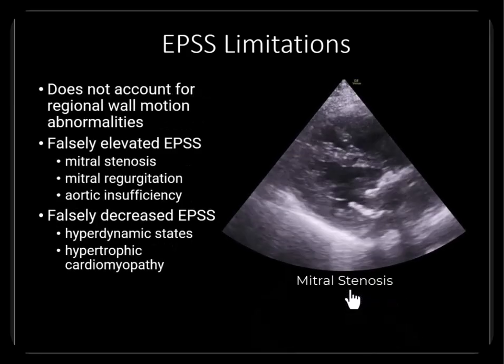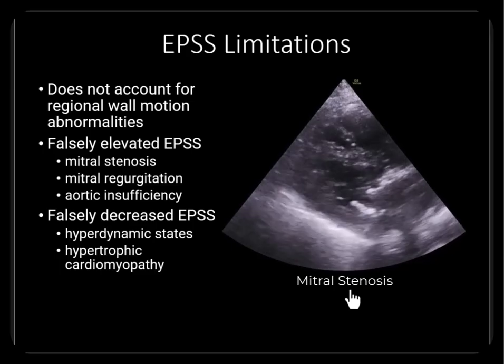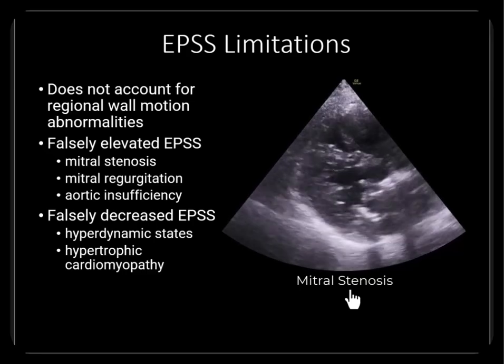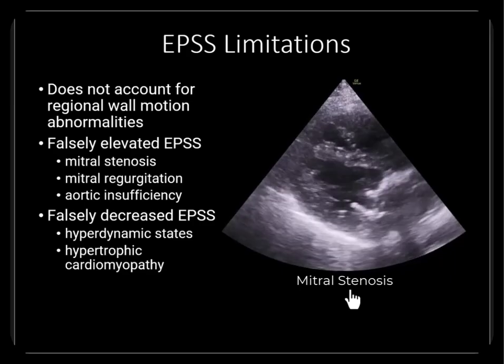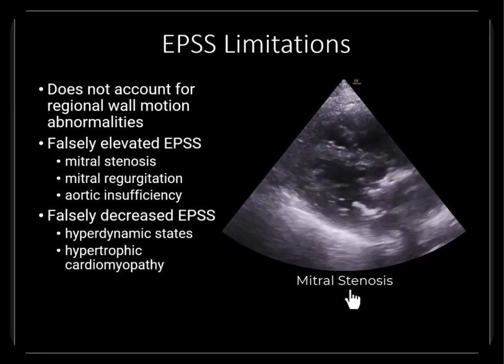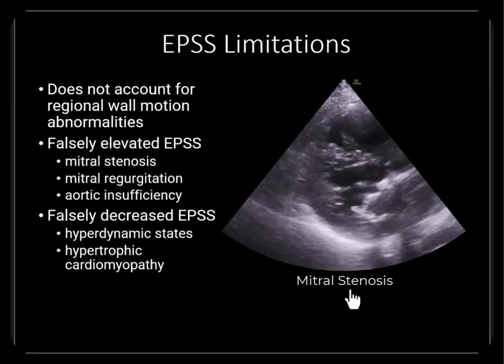Now, EPSS has other limitations. It does not account for regional wall motion abnormalities. So if you have a poorly thickening, poorly moving septum, that can cause you to have a falsely elevated measurement in that area. You can have a falsely elevated EPSS with mitral stenosis due to the stiffness of the valve.